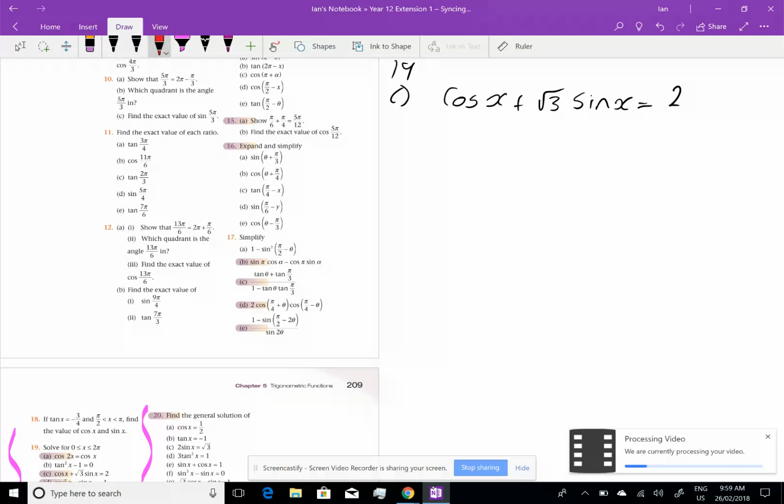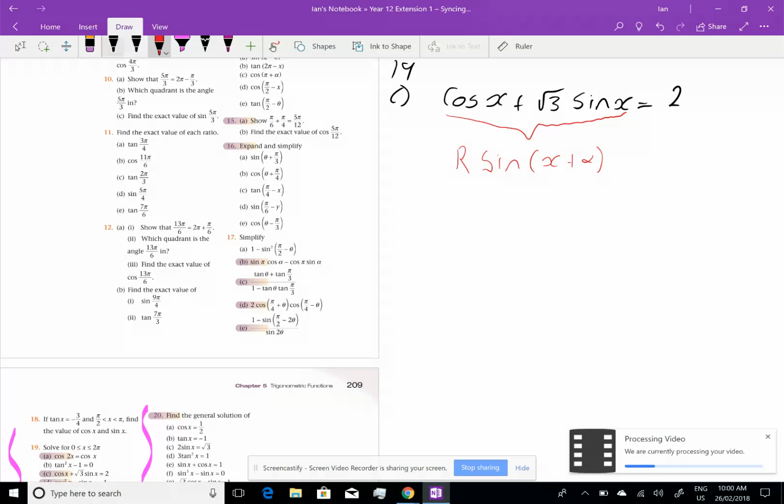Now, in the HSC, they will tell you to rewrite this expression, this side of the equation, as r sine or cos x plus alpha or beta or some other Greek symbol.